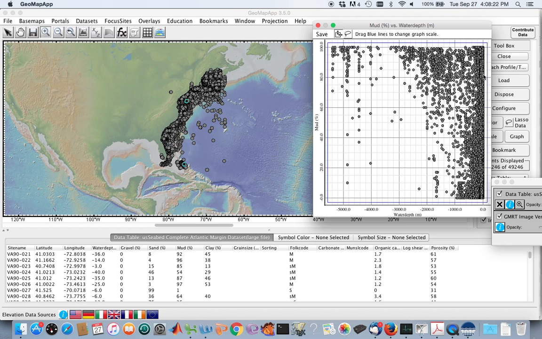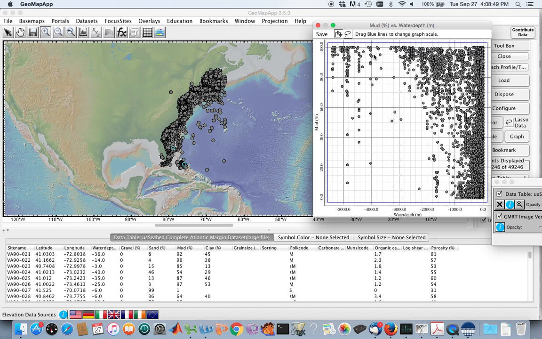So you see, there's a wide range near the coast, but in general, the percentage of the sediments in the seafloor that's mud generally increases with distance away from the coast. So out here, at these large water depths, we have a very large percentage of the seafloor sediments that are mud.